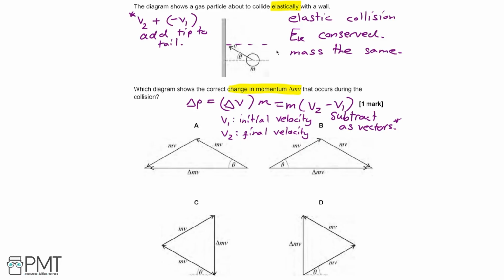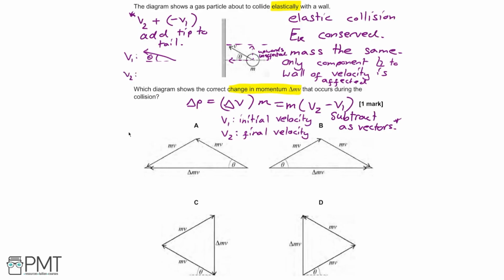So what that means is that only the component that's perpendicular to the wall of the velocity is affected by the wall. So the velocity here has two components, an upwards component, which looks like this, and a sideways component, which looks like that. So let's now write down what we know about v1, specifically. If I want to think about it like a vector, I would draw it something that looked like that.